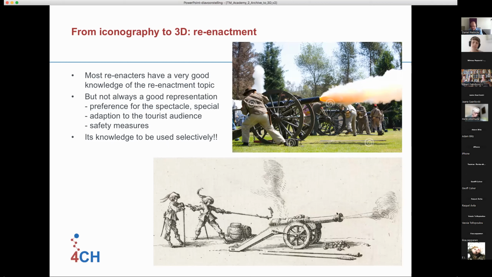Your gun and your gun barrel. This is the cannons they use in reenactment. So the barrel is at least 2-3 times smaller, and the wheels are too big. Way too big. But anyway, you need to also look at both things at the same time to understand in reenactment what you can trust and what you cannot trust.